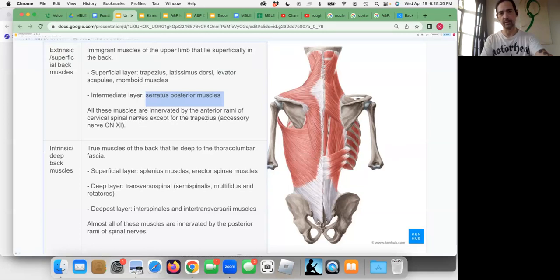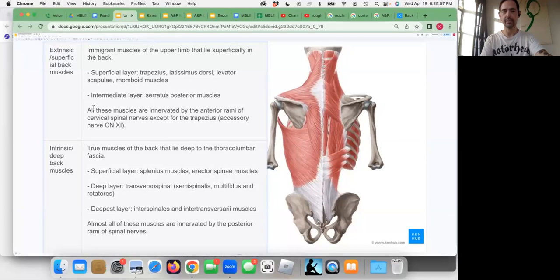Definitely know that the serratus posterior muscles are part of the intermediate layer. I have seen a practice question where they list the serratus posterior superior, the middle trapezius, the rhomboids, and the levator, and ask which one is the intermediate layer. So you definitely want to know which are superficial and which are intermediate.